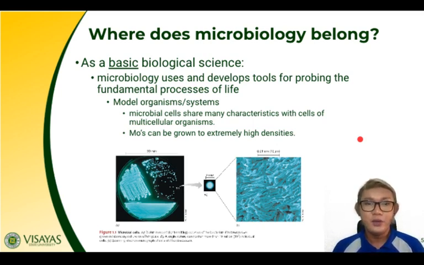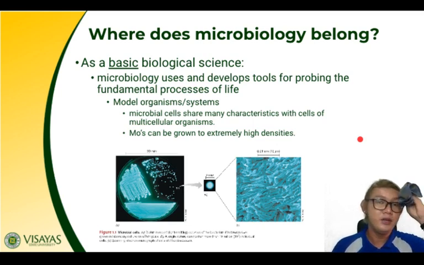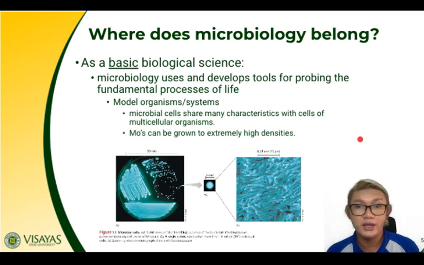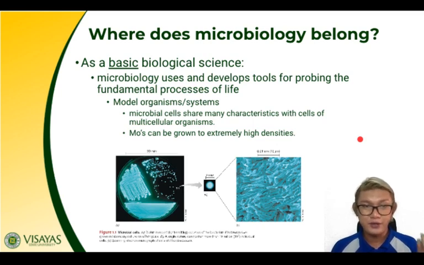We know that many microorganisms are used as model organisms or systems in order to learn something about a specific group of organisms. So say for example, E. coli. Now, E. coli is a bacterial model system for the domain bacteria.